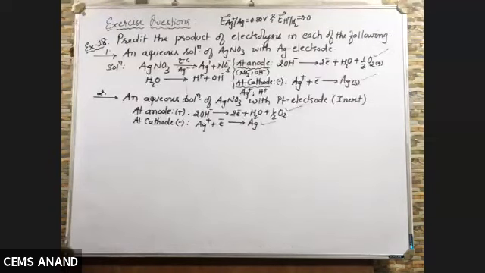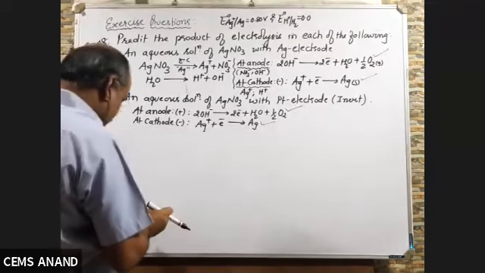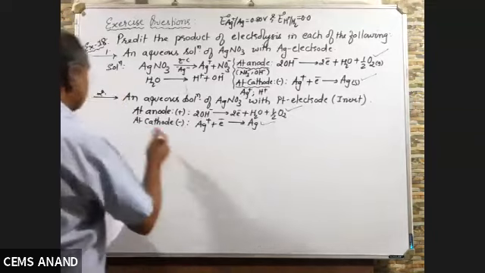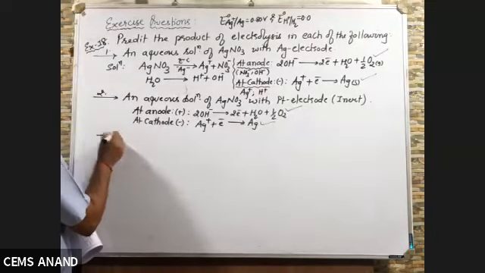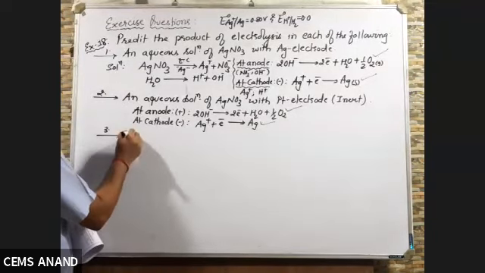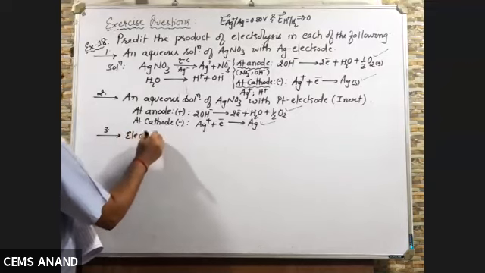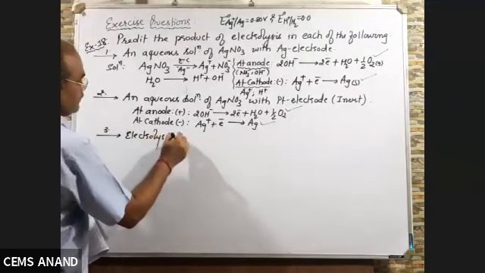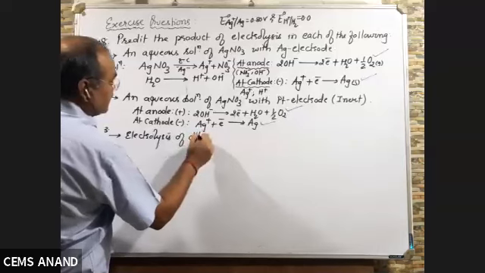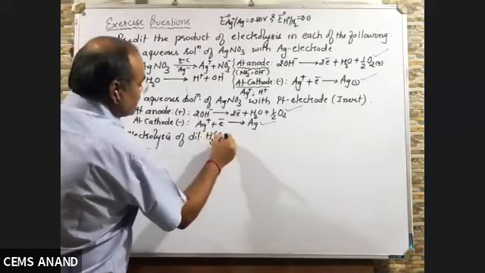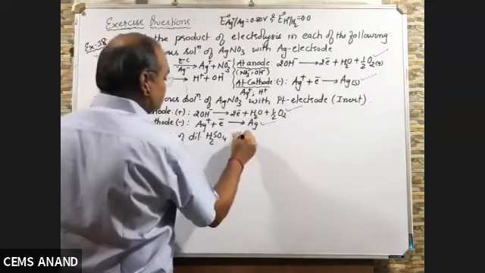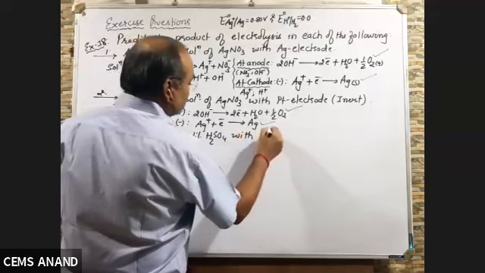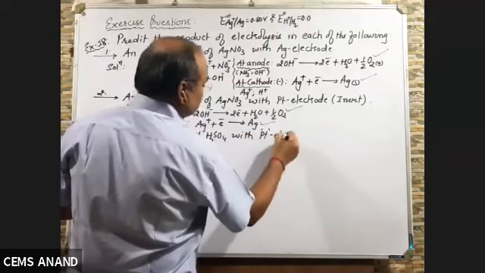Now, the third one, electrolysis of dilute H2SO4 with platinum electrode.